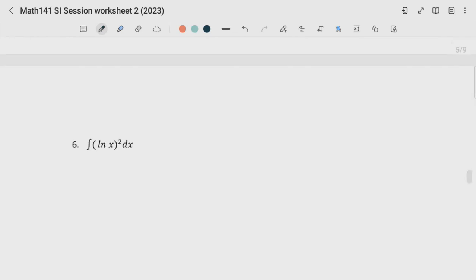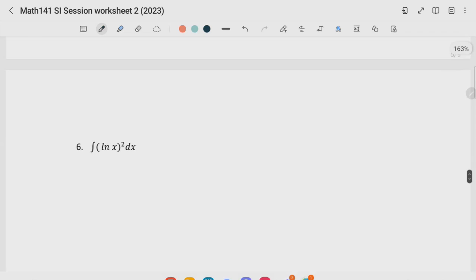Okay. So the next problem that we're looking at here is the integral of ln x squared, right? Or rather, I should say ln x all squared, right? And as we've seen before, this is a case where we have to think about using either u-substitution or maybe integration by parts.